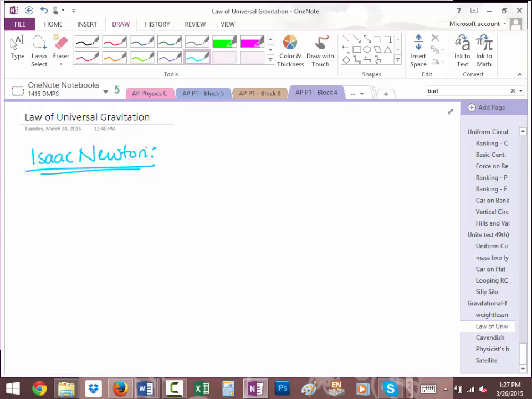He discovered gravity! Now, we have to be really careful about this. What does it mean to discover something? To find it! Yeah. So that means that prior to Isaac Newton, no one had observed gravity.